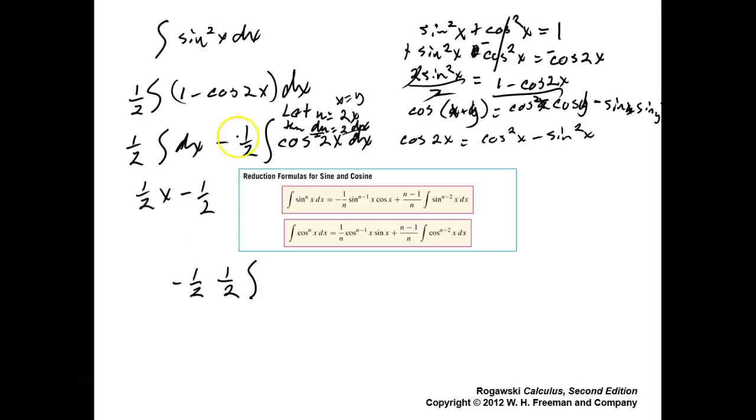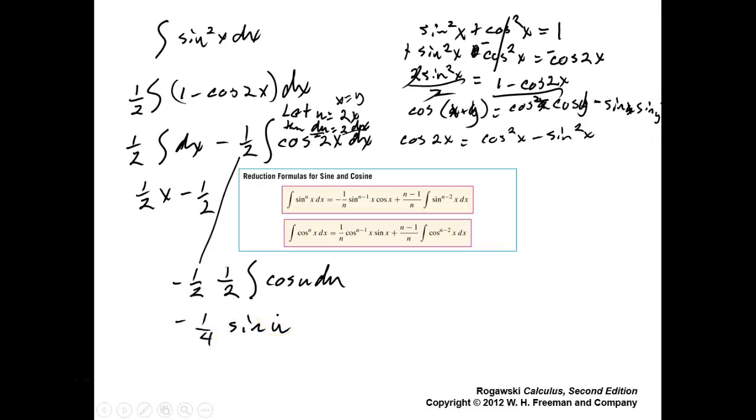Okay. So this one minus 1/2 comes from there, which I already have written there. This one comes from the du over 2, and then you're left with cosine u du. And what's the antiderivative of cosine u? That would be sine u.